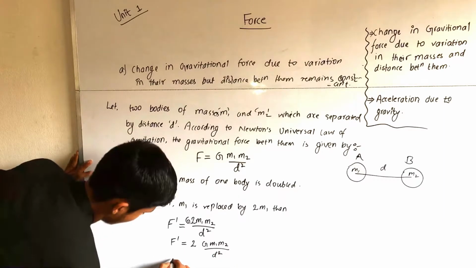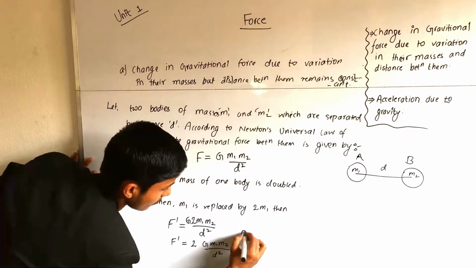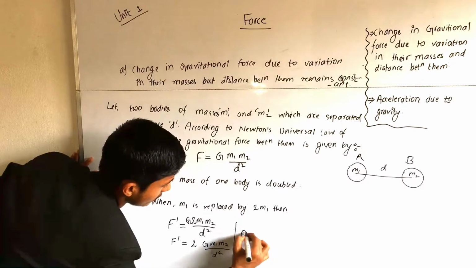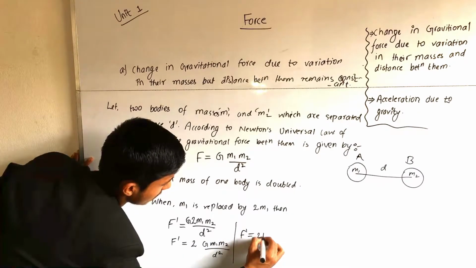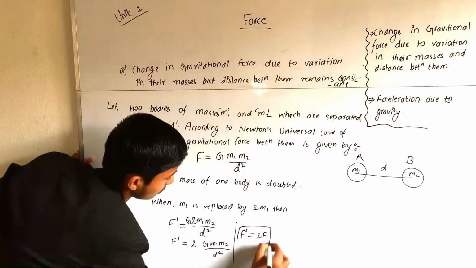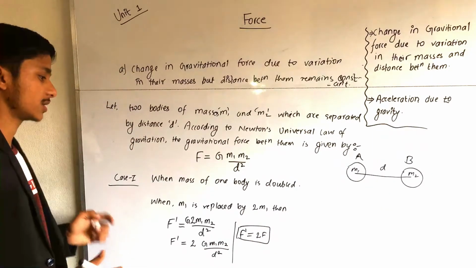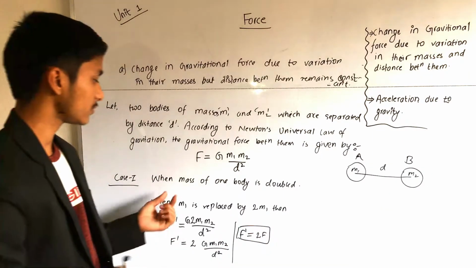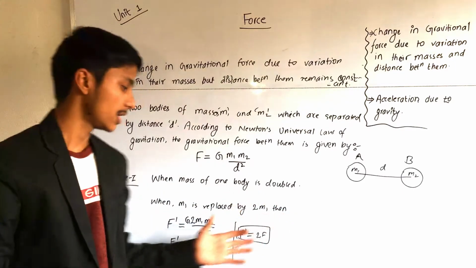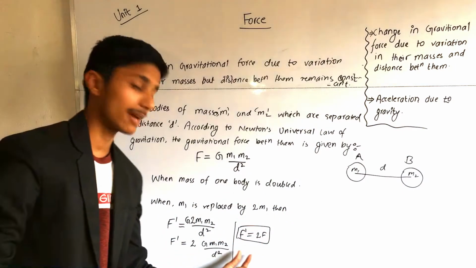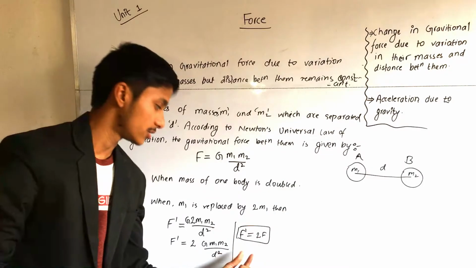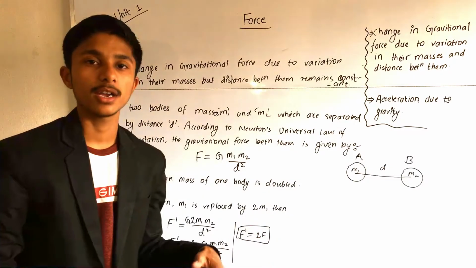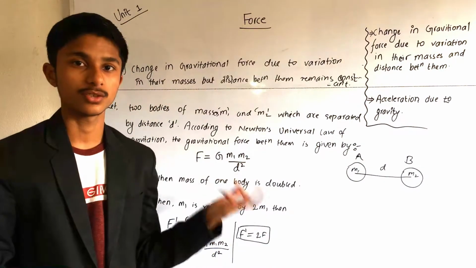So here we can write F dash is equal to 2 times F. This is the first case. When the mass of one body is doubled, then the gravitational force between the bodies is increased by twice as it was before.